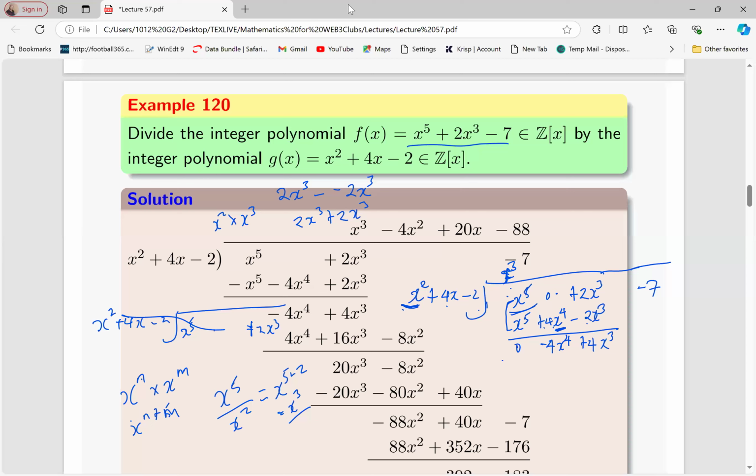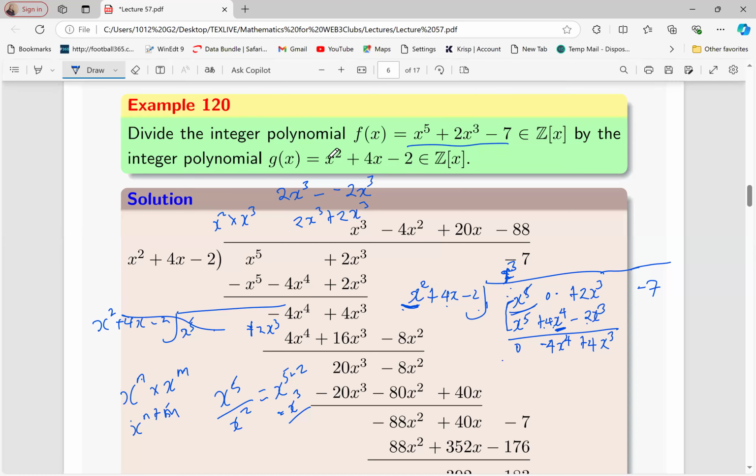Which part are you referring to? Okay. This part of the negative 5x. Negative 5x there in the division. Yeah, negative 5x minus 4x raised to 4 plus 2x raised to power 3.